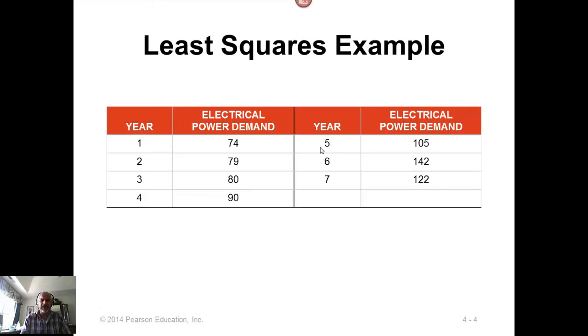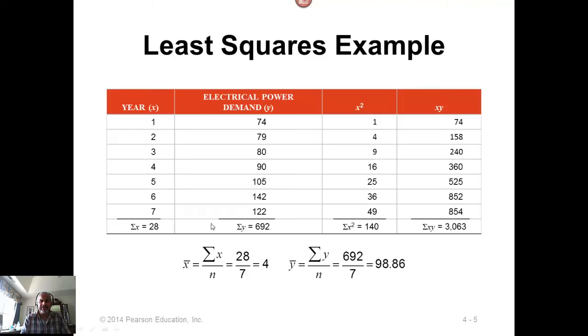So here is a worked out example. So we have 7 years worth of data for electrical power demand. Now we use the year number as the x column, and then the demand is y column. So we have x squared, x times y, and add them up and plug it into the formula.